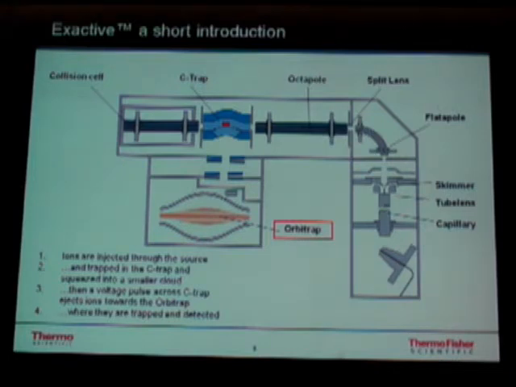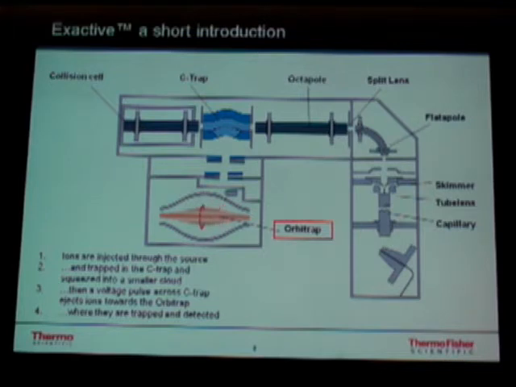If you are not using the HCD cell, then the ions are transmitted from the C-trap into the Orbitrap, where the scanning happens, and you get the high resolution exact mass.